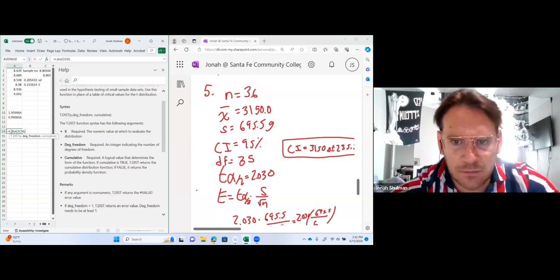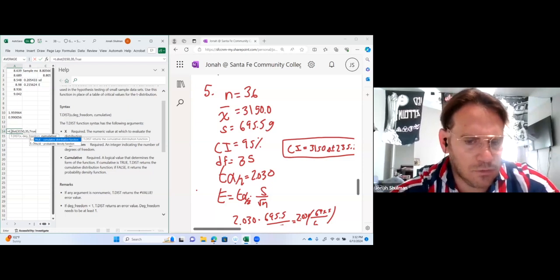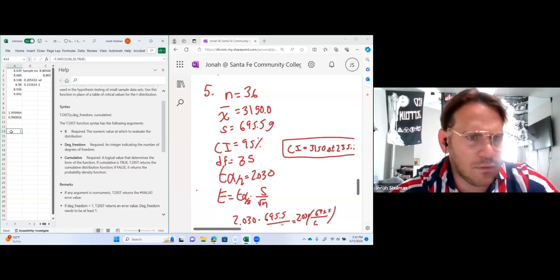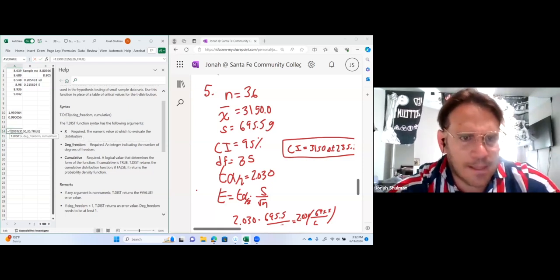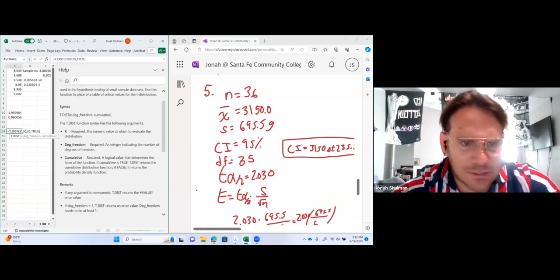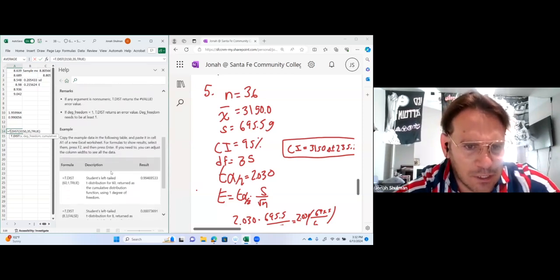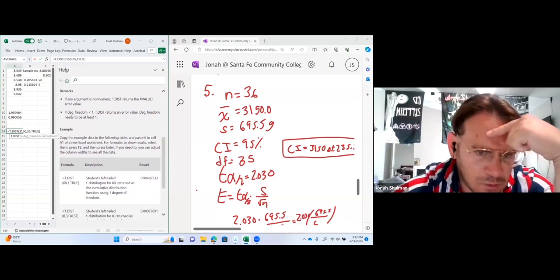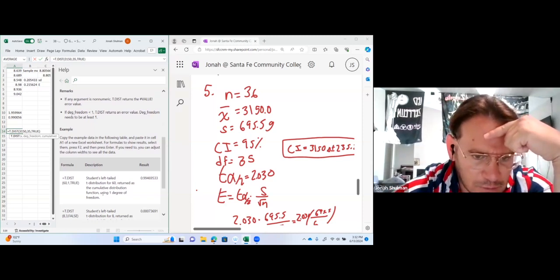Our degrees of freedom, in this case, is 35. I'm going to go with true. See what happens. Okay, so what is the x? Oh, they're asking us for that critical value, but we have to find it, right? Students left tail distribution for 60 as a cumulative 1 degree.